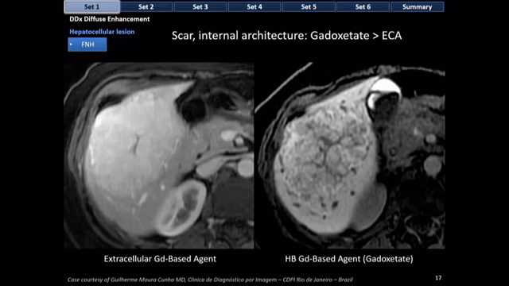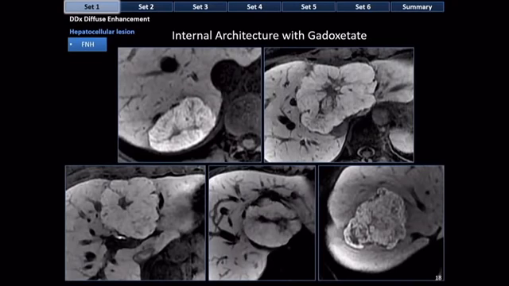And looking at that internal architecture can be quite helpful, so helpful that in fact I want to give you a few more examples of the types of architecture that you can see in the hepatobiliary phase with a hepatobiliary agent. So this has received incomplete attention in the radiology literature, but do pay attention to the architecture.